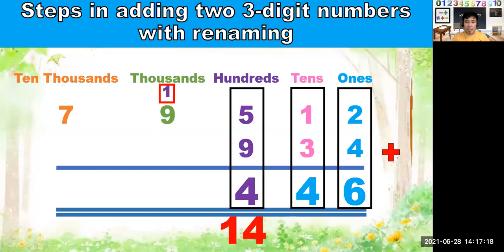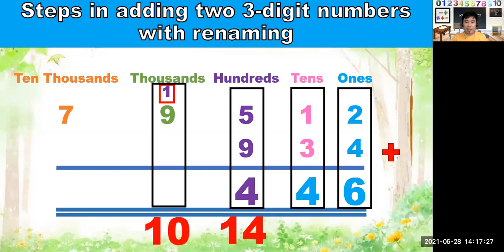So now we will add the numbers in thousands. 1 and 9. 1 plus 9 is 10. So we will write 0 in the thousands place and 1 in the 10,000s place.